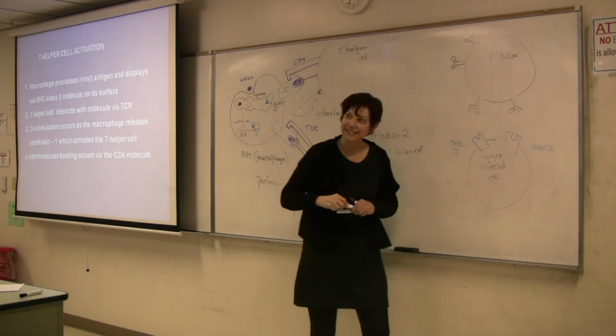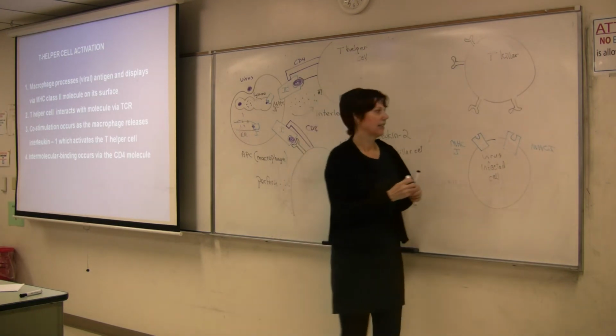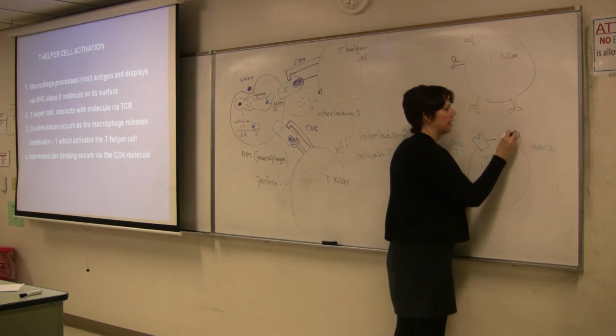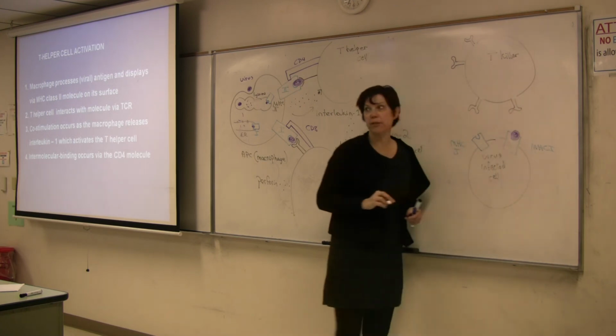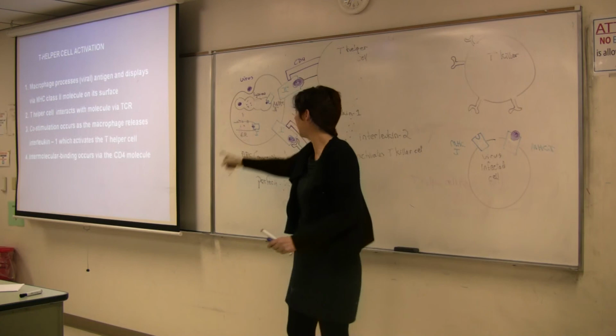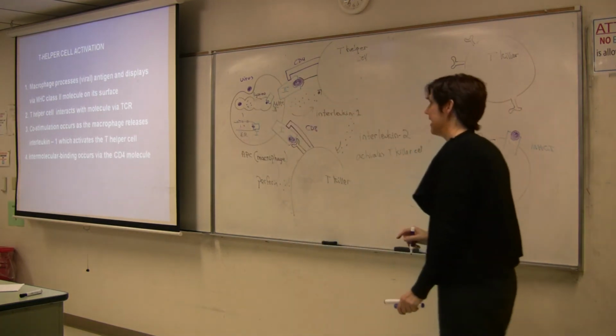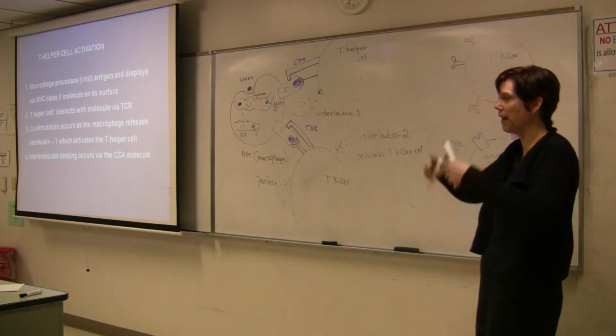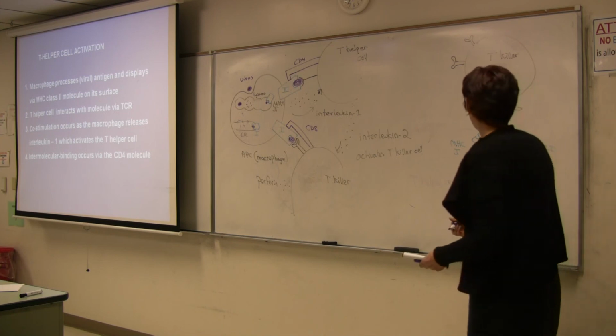By chance, they end up matching that particular T cell's receptor. It's already been activated through this process. It doesn't need the T helper cell again. It's already had its machinery turned on.